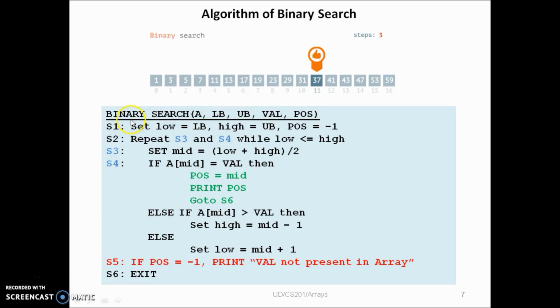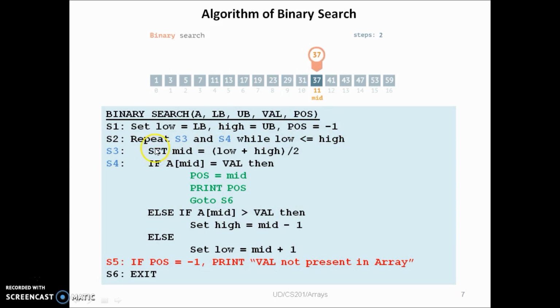So POS is the output parameter and the rest are all input parameters. We are now using a couple of intermediate variables like low and high. Low is initially set with LB, high is set with UB, and initially we are not sure whether the search will be successful or not, so POS is initialized with -1.